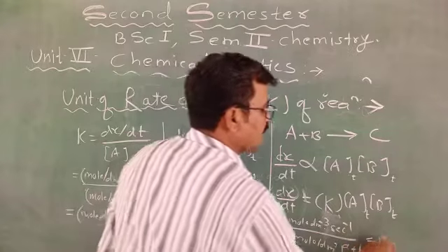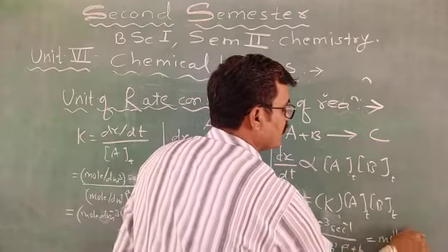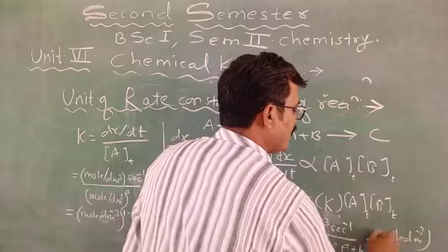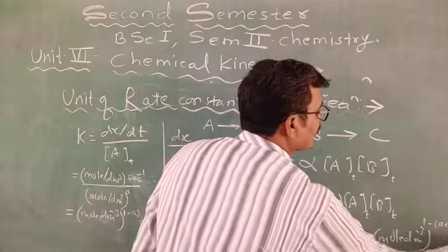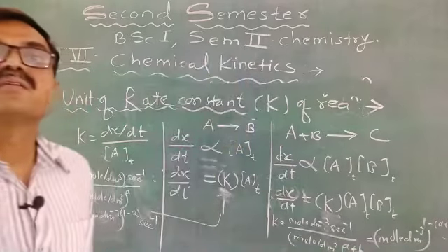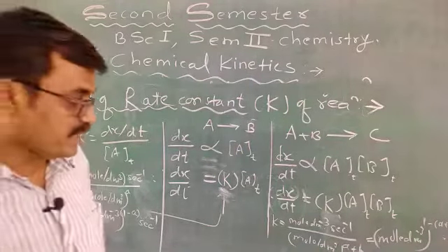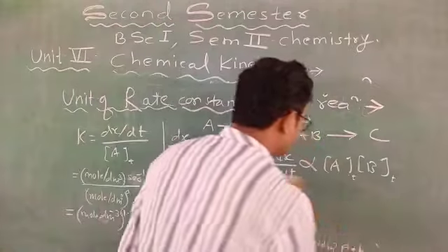After solving, it will be moles dm cube raised to power 1 minus a plus b, into second inverse.